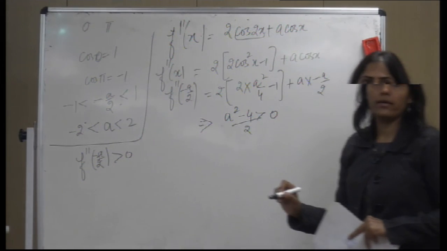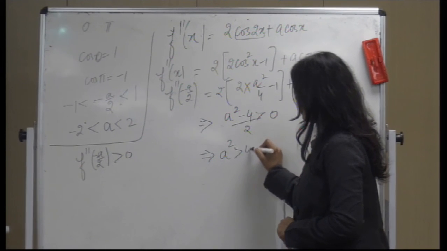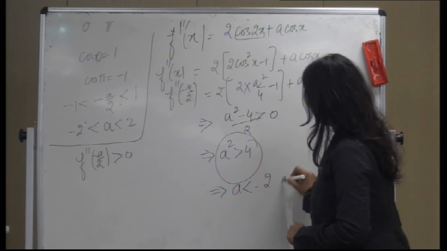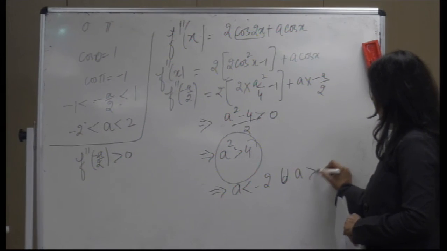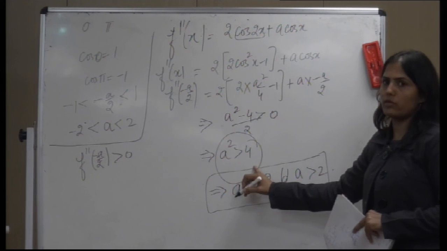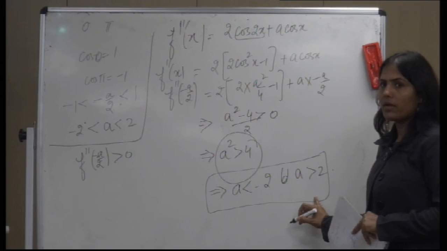All are getting it? I hope so. So a square is greater than 4. It means either a will be less than minus 2 or a will be greater than 2.